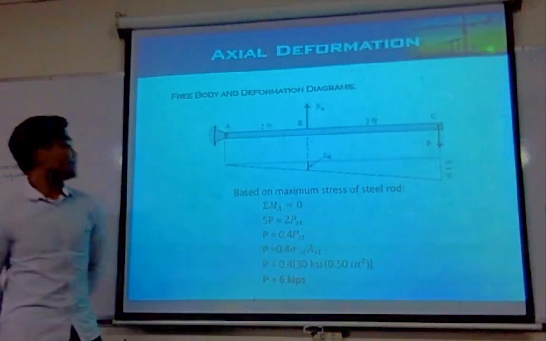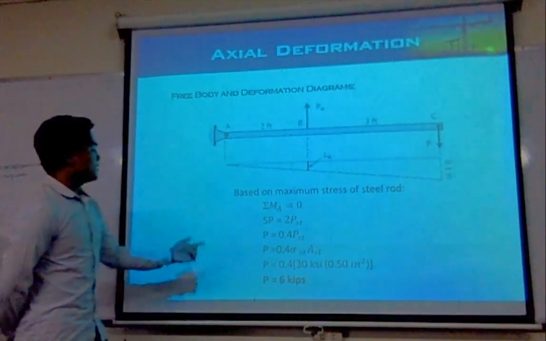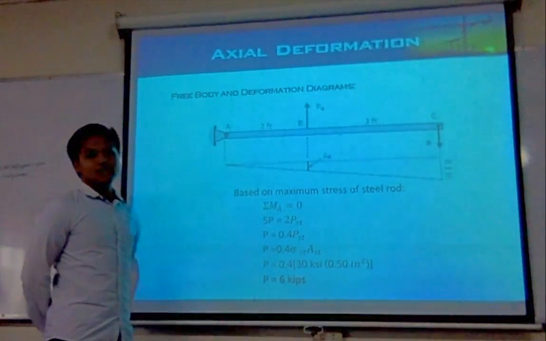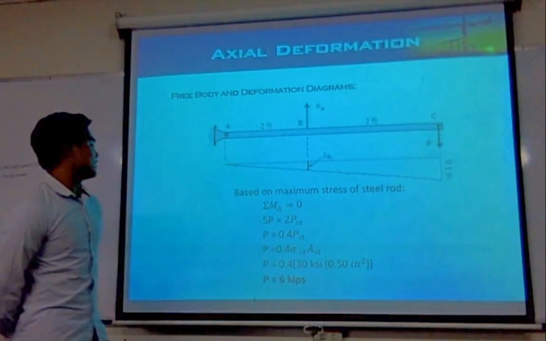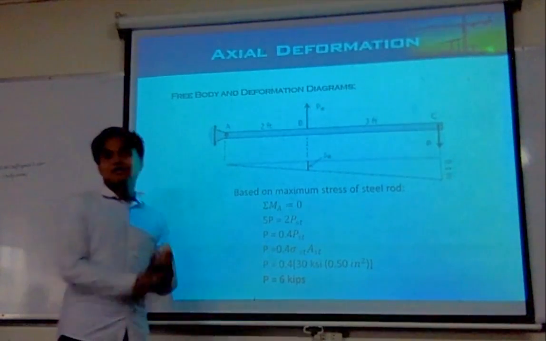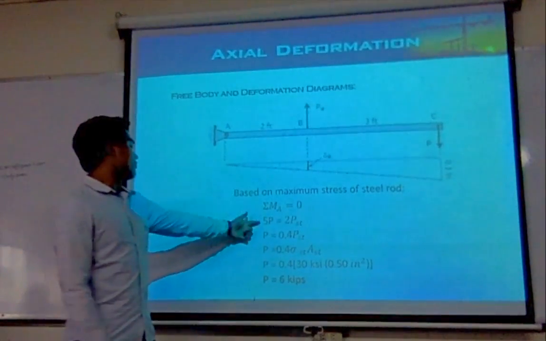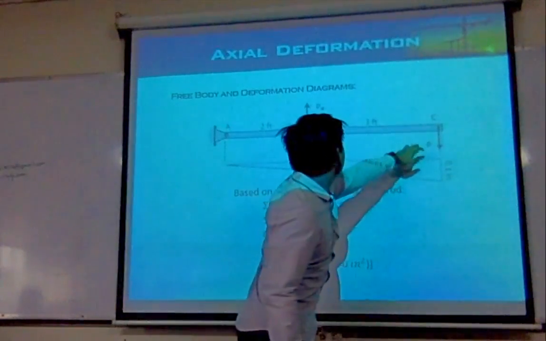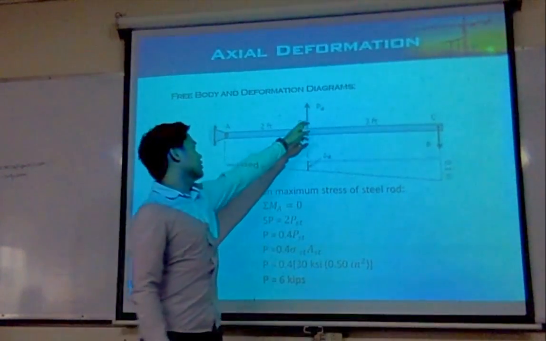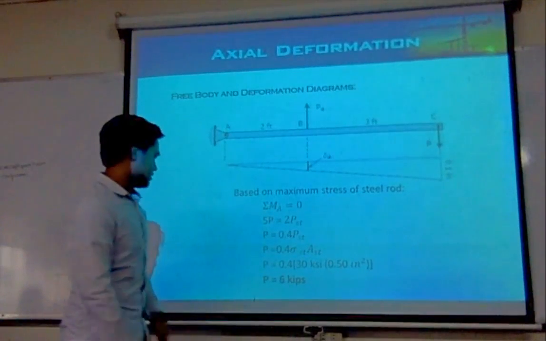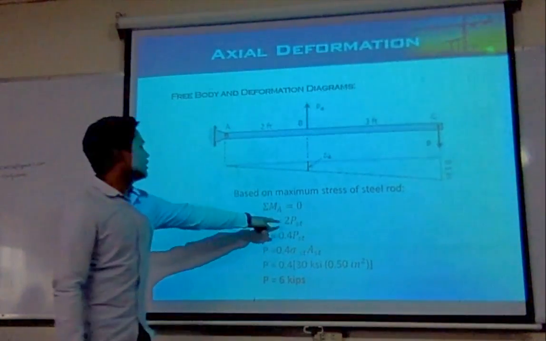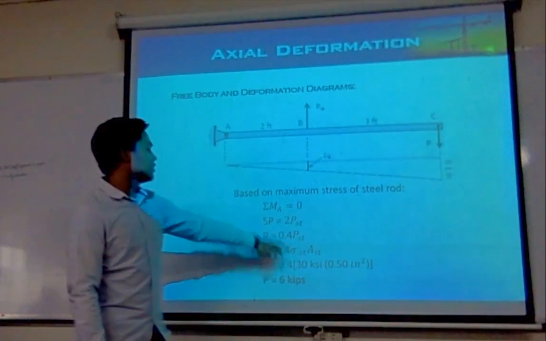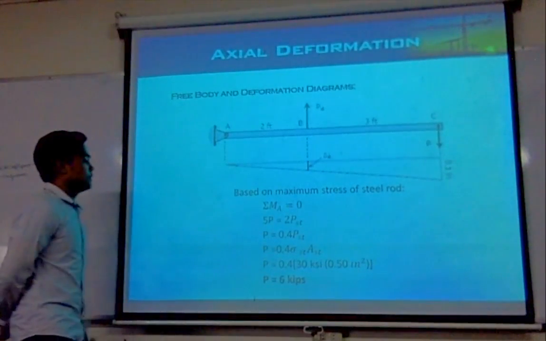So next slide, please. Based on the maximum stress of the steel rod, first we take the summation of moments at point A, like in statics. So 5 feet is the distance, and the force of the steel is P sub S. So 5P is equal to 2 P_S, and we get P is equal to 0.4 P_S.